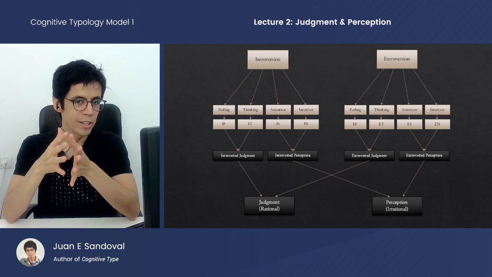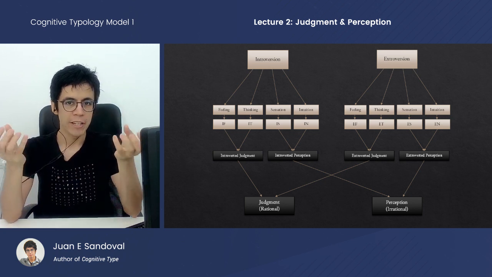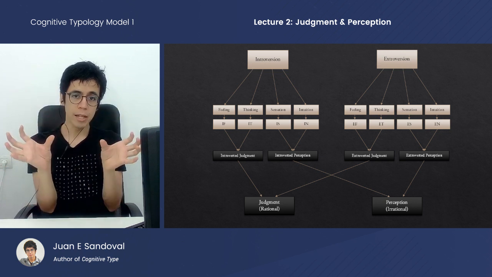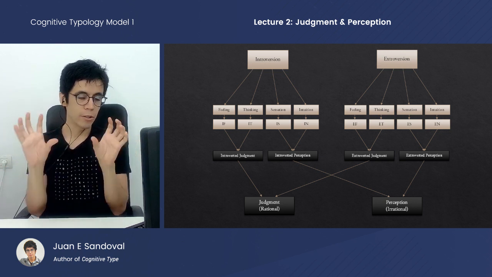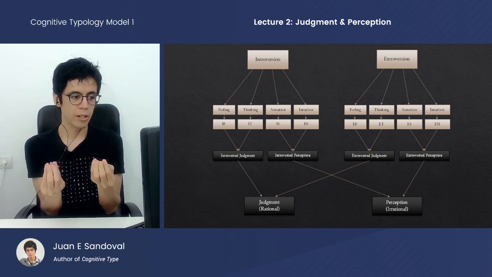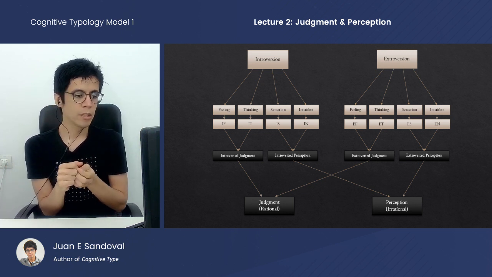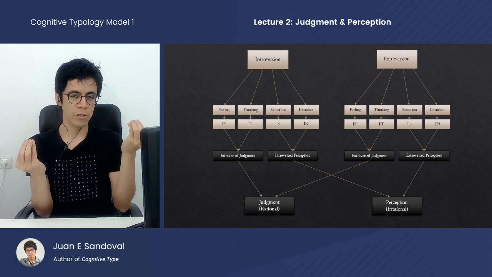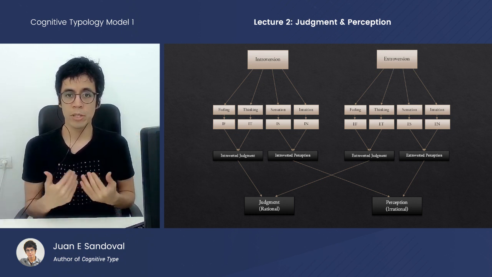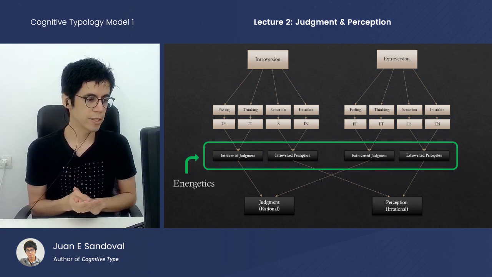This was the structure Carl Jung was describing. You have a kind of inverted tree here at the base. So there's 8 types, and those 8 types fit into 4 categories, which are the intersections between judgment and perception and introversion and extroversion. So in Model 1, we call those the 4 energetics, and we'll talk more about those in a sec.